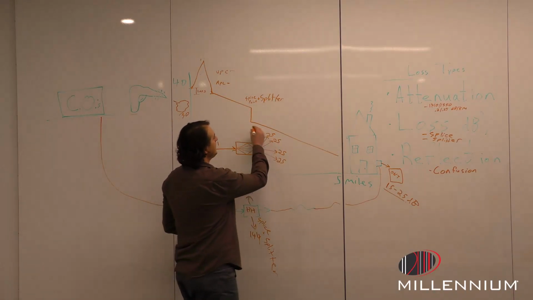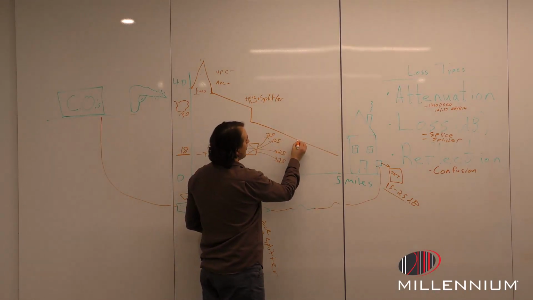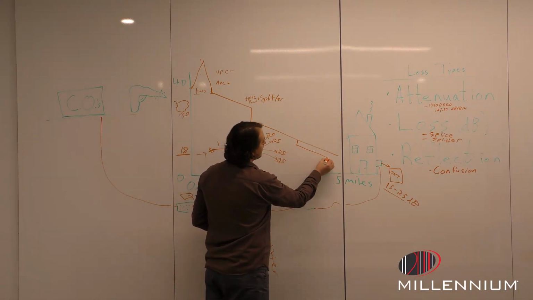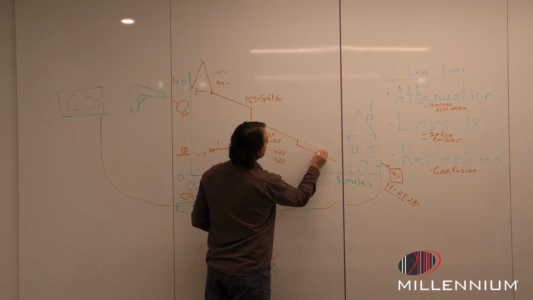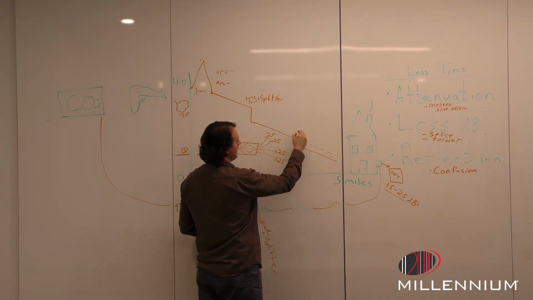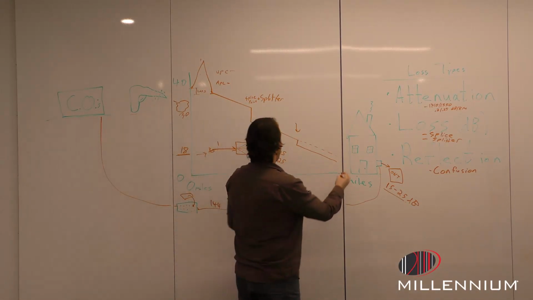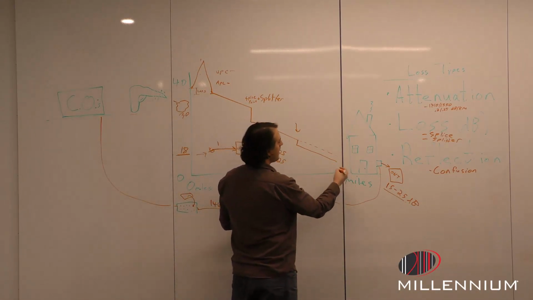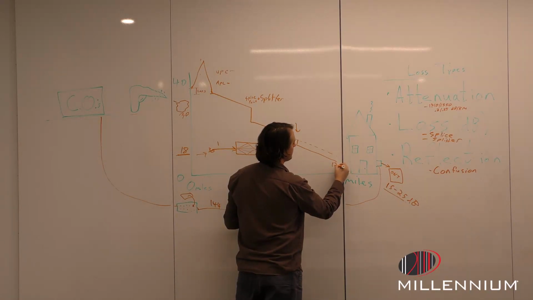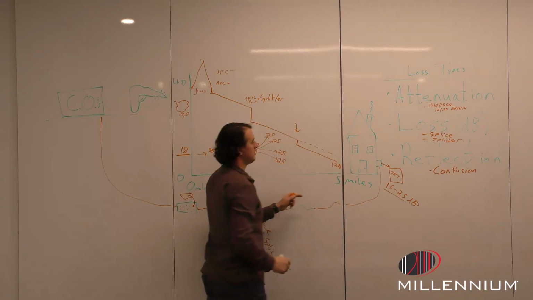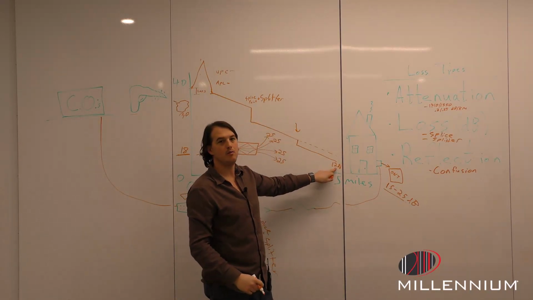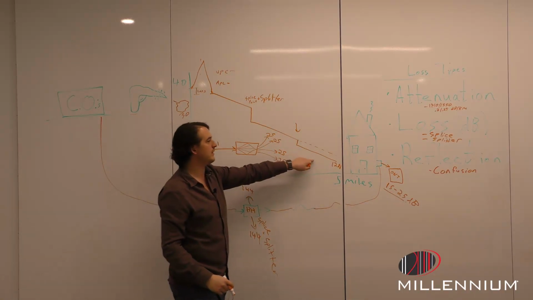But now as 1550 goes through here, 1550 does not like something that is happening right here. It's telling me, hey, we got an issue. I'm at 12 dB of power. 12 dB, why is 1550 not working?